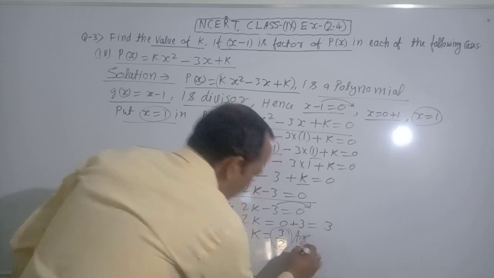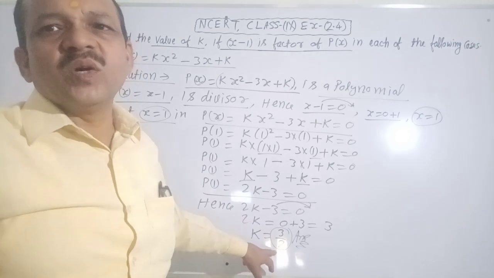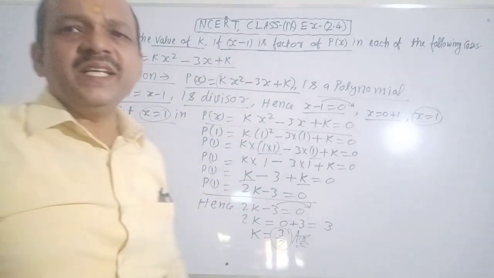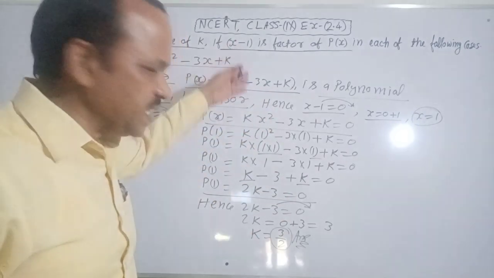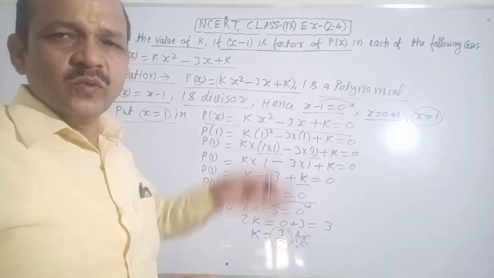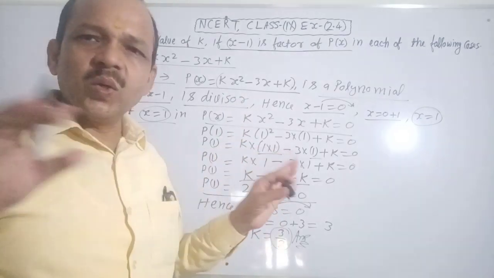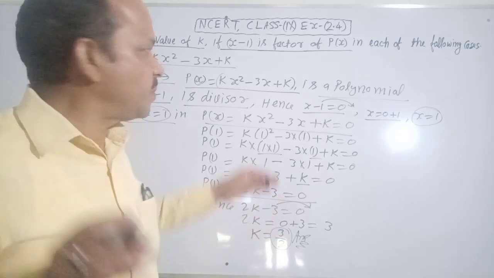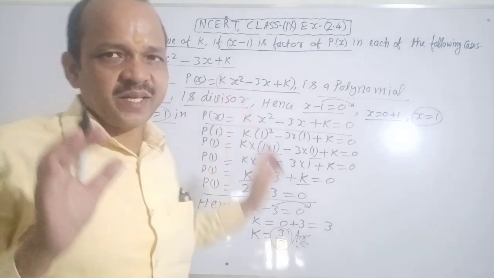Answer. You find k equal to 3 by 2. It is your answer. You find the value of k very easily. In this way you can solve any question and find the value of k. Are my words clear? No confusion about it? Very good. Is your solution clear? Is it easy? Very good.